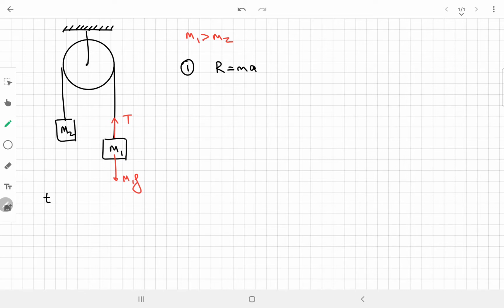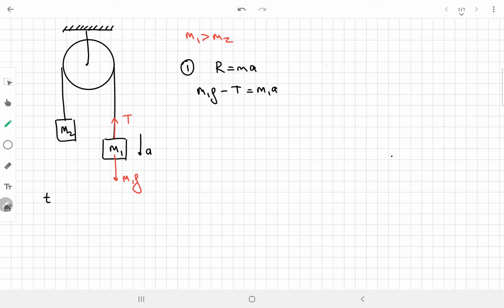Sometimes we use F, it doesn't matter. The first object will move downward with acceleration a, so weight m1g is greater than tension, that's why it is going downward. So what is the resultant force? We have two forces: m1g minus tension, minus because it's opposite to the weight. This should be equal to its own mass times acceleration.